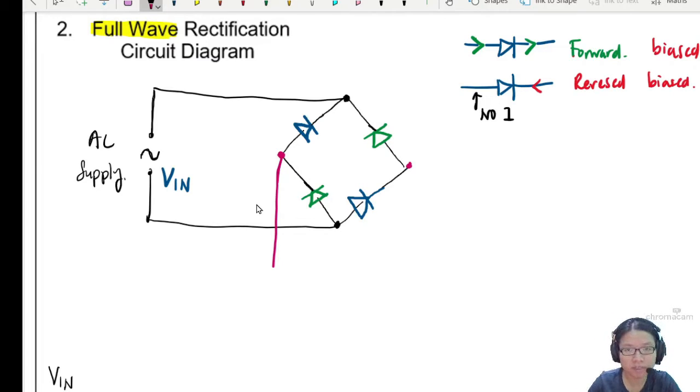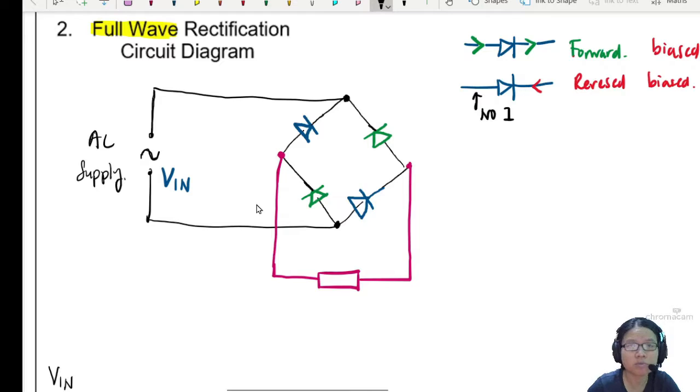So on the opposite vertex, we need to draw the output, okay? Normally, to measure this output, we will put a resistor, very much like the half wave rectification. We're going to put a resistor here, and this resistor is R. All right, so what do we do to measure?